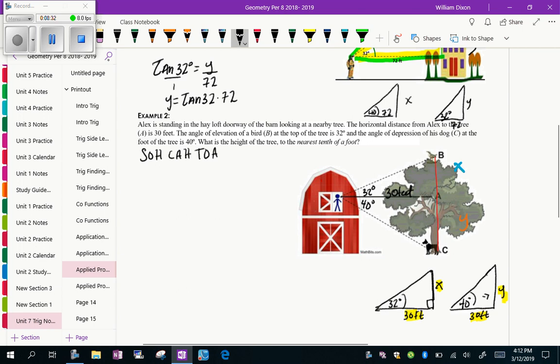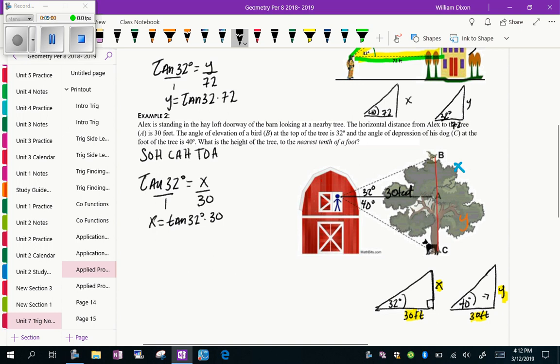So I can set up my trig ratio for X. I'm going to have the tan of 32 degrees equals the side opposite, which is X, over 30. I'm going to cross multiply, and X is going to equal the tan of 32 degrees times 30.